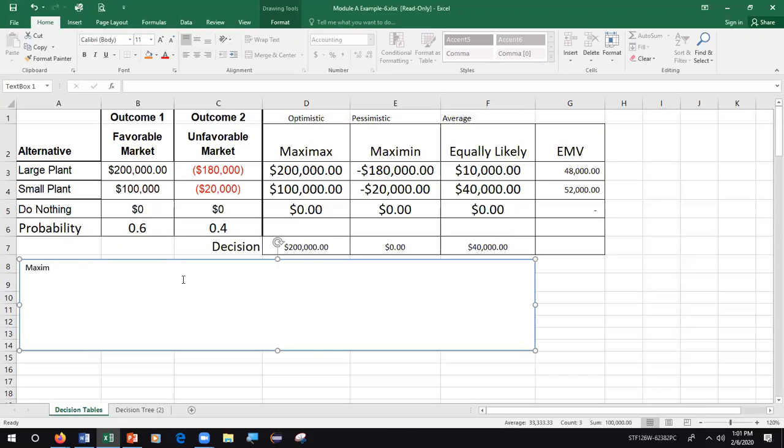The Maximin decision is to do nothing, right?